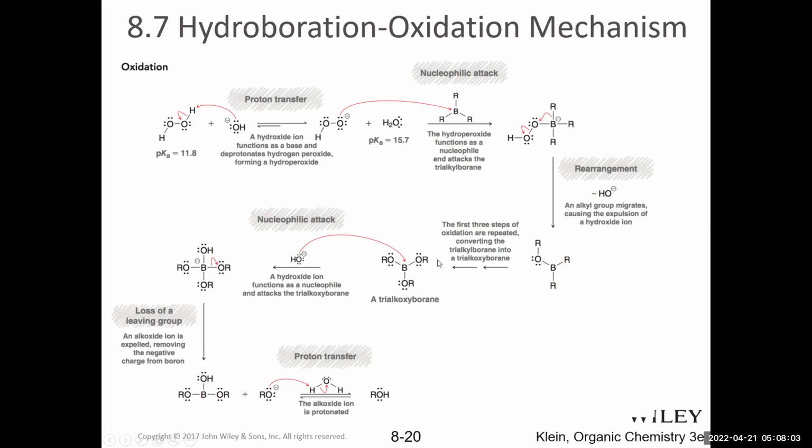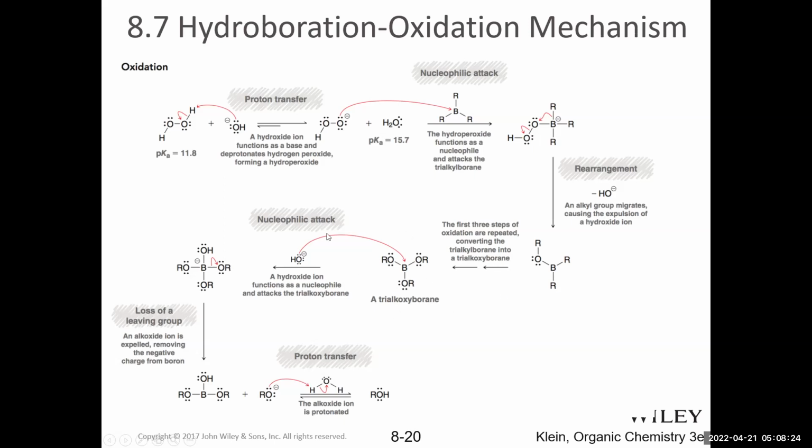That can happen 2 more times to get the trialkoxyborane intermediate. So that process happens where hydrogen peroxide anion attacks again, which creates another rearrangement, inserting a second oxygen between boron and carbon, and that can happen a 3rd time.